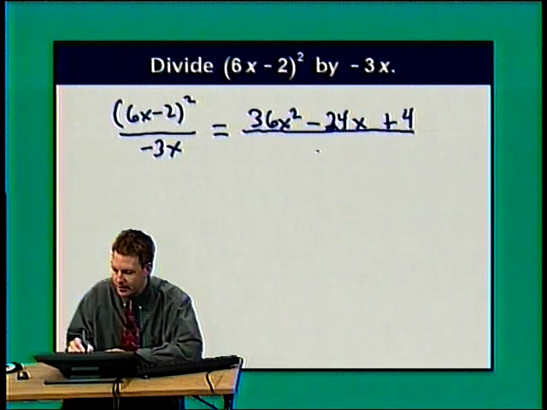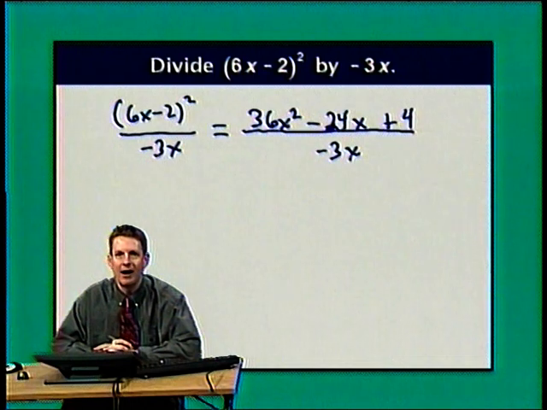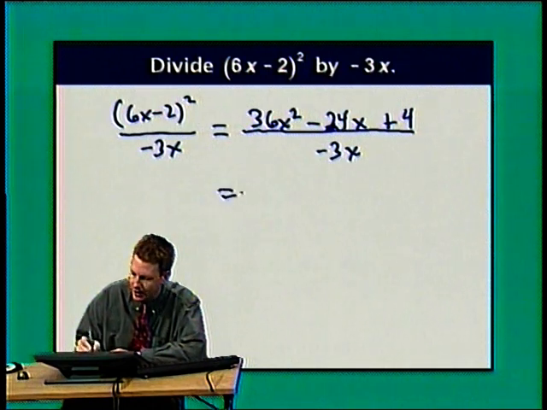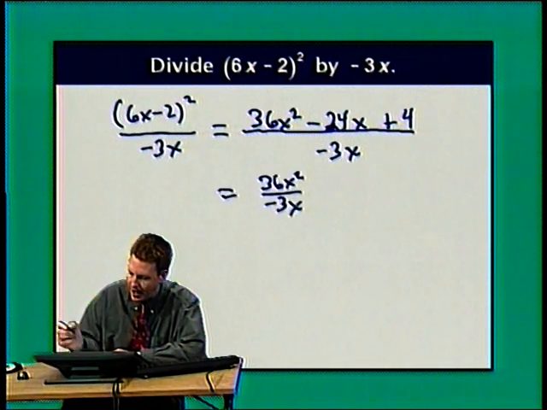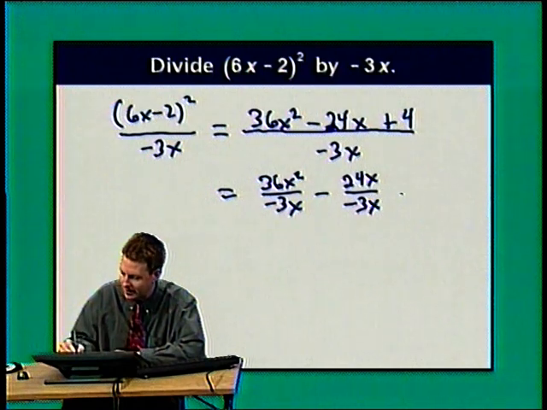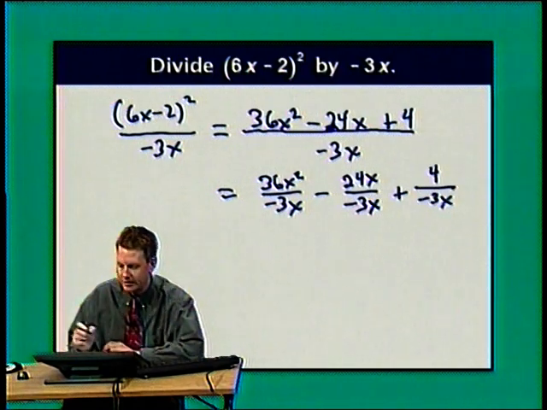And all of this still needs to be divided by minus 3x. Now I need to go ahead and break this up into 3 fractions. This is 36x squared over minus 3x, minus 24x over minus 3x, plus 4 over minus 3x.